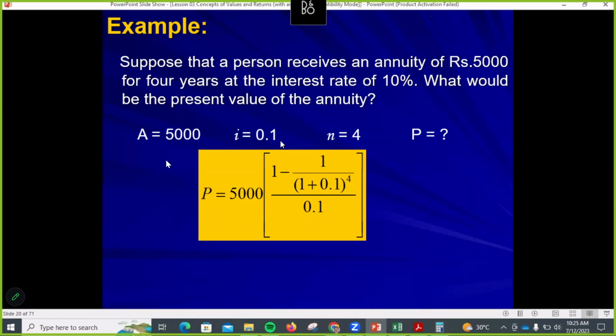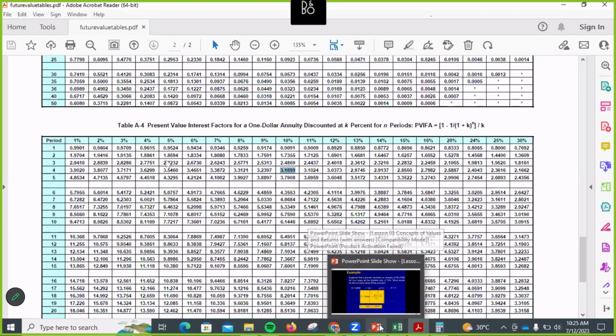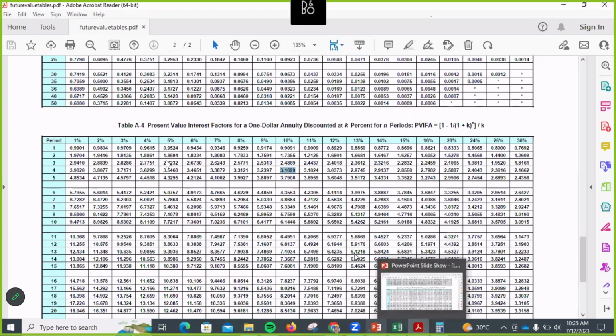You can straight away substitute these values into the formula and get this value, 3.1699, as we have seen here. So you want to round up this one.